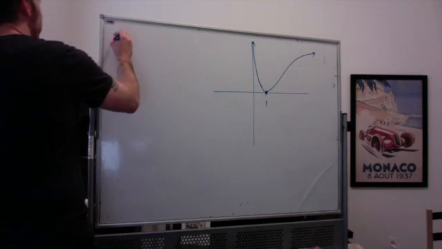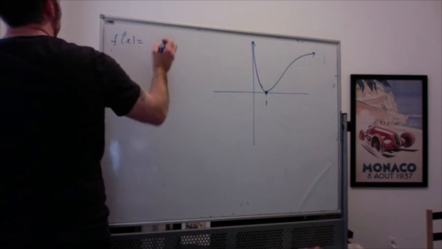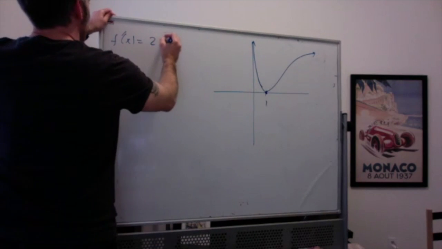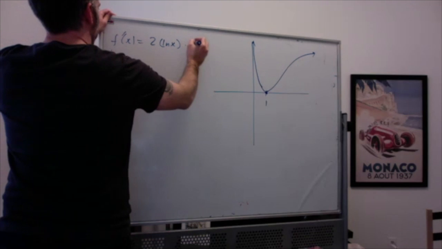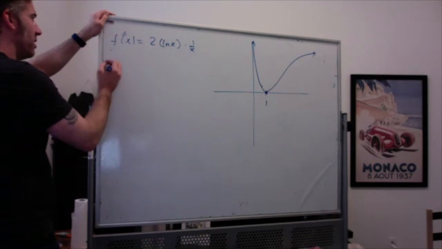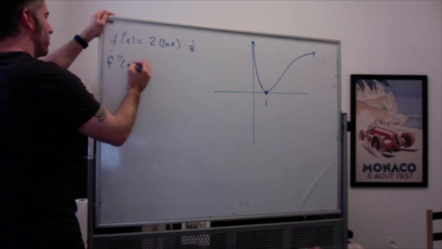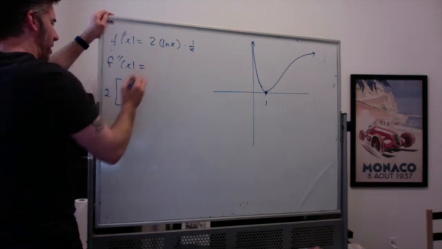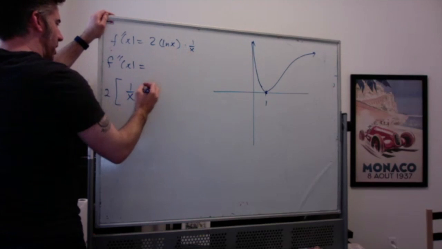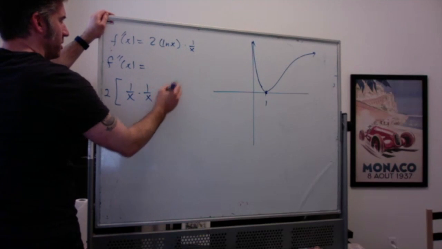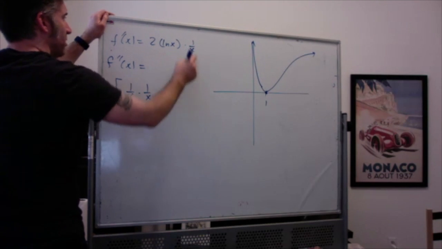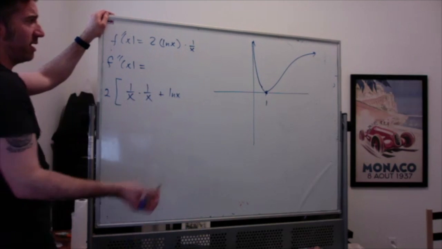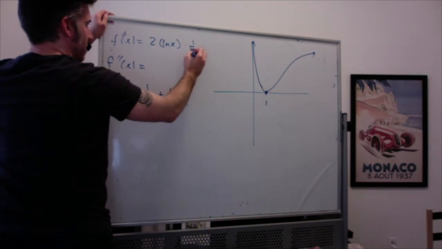So my first derivative was 2 natural log of x times 1 over x. Let's find the second derivative using the product rule. So let's just leave the 2 out in front. It's the derivative of that times that plus that times the derivative of that. And the derivative of that is, well, that's x to the negative first.